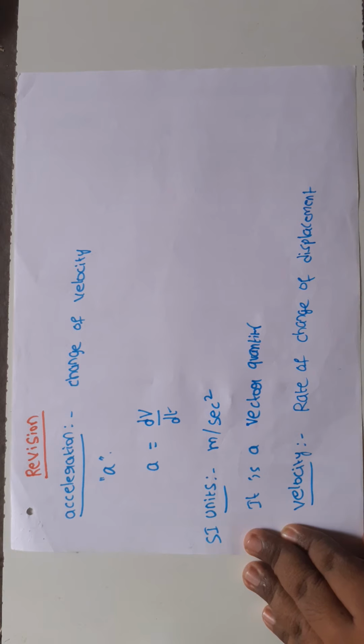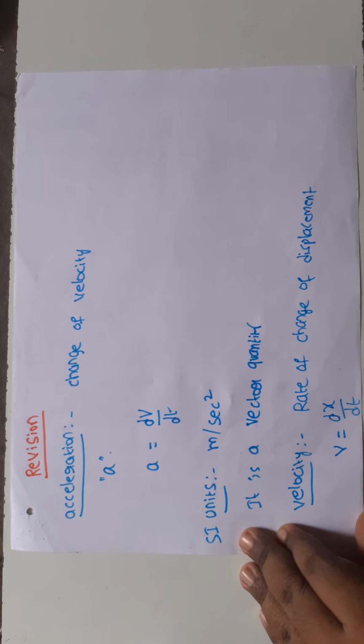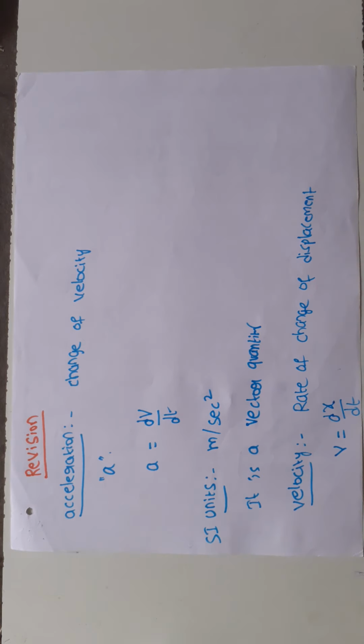So, the velocity formula: v equal to dx by dt, where x is displacement, d by dt means differentiation of the displacement is called velocity. Okay.